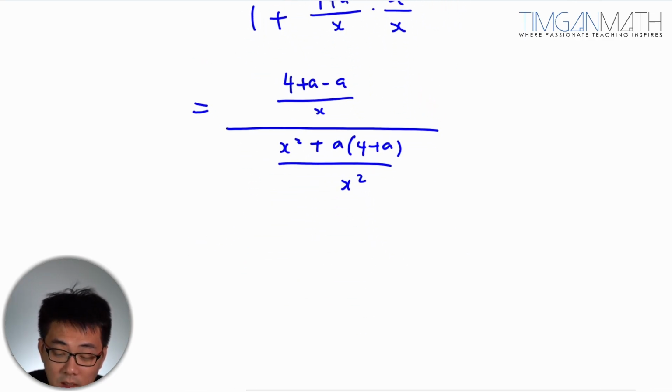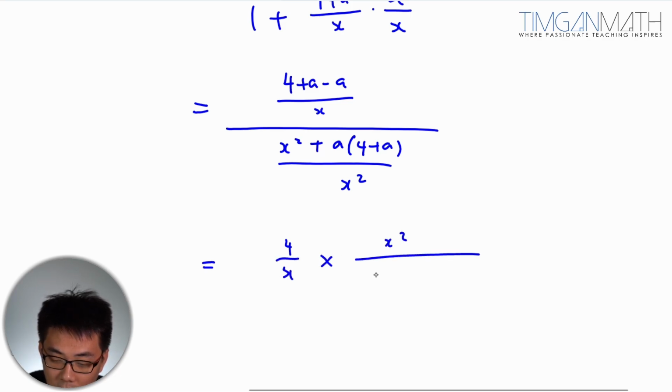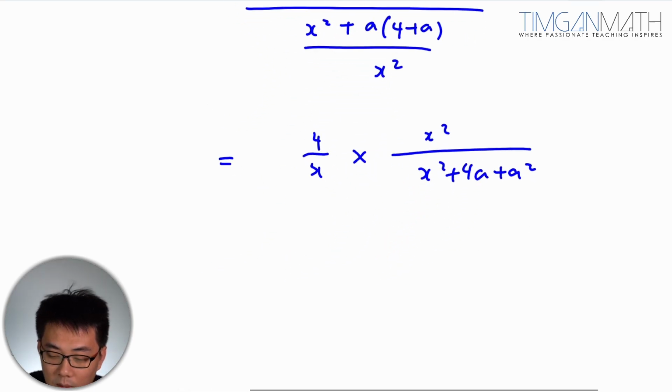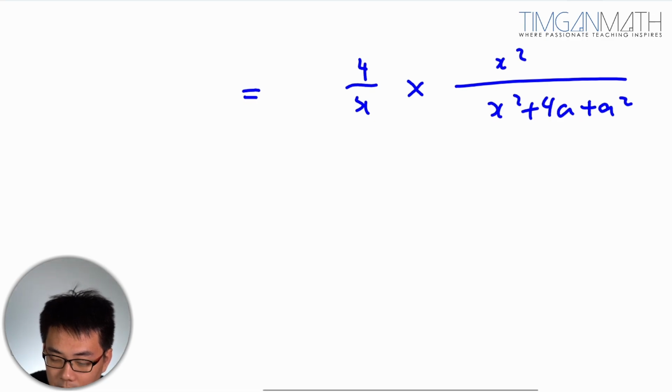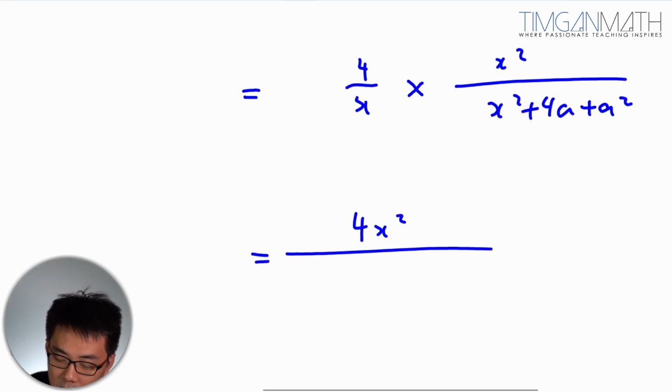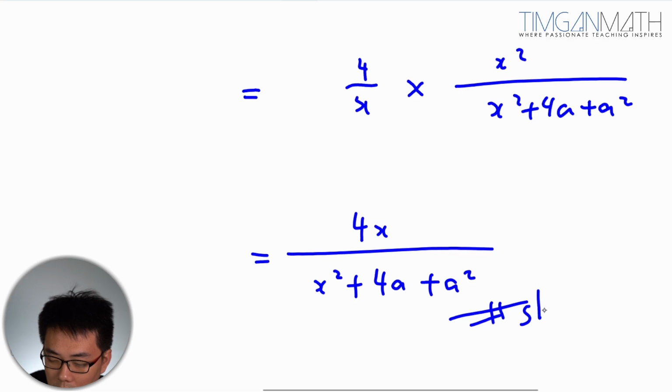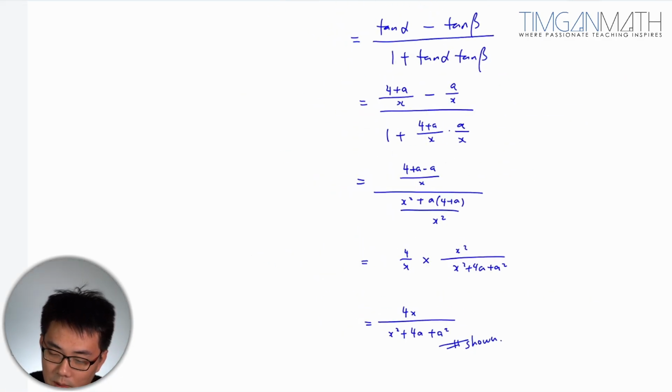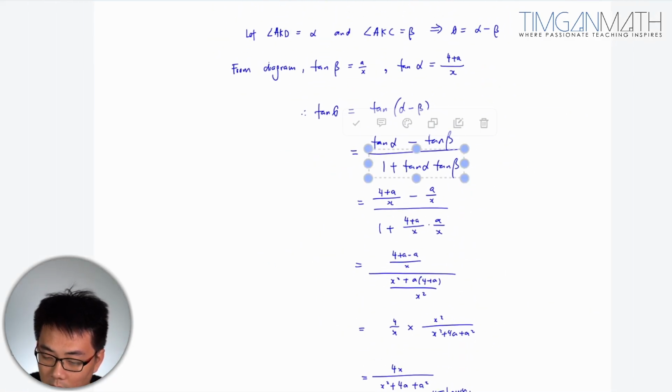This is just normal algebra which we already know how to manipulate, so I'm not going to go through all the nitty-gritty. 4a plus a squared, and what we get is just 4x over x squared plus 4a plus a squared. Shown.